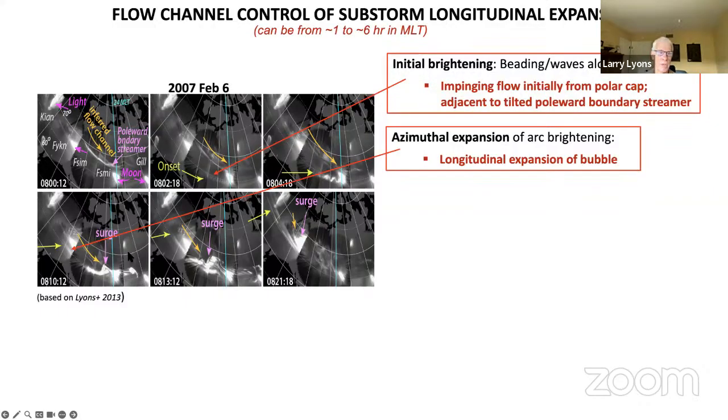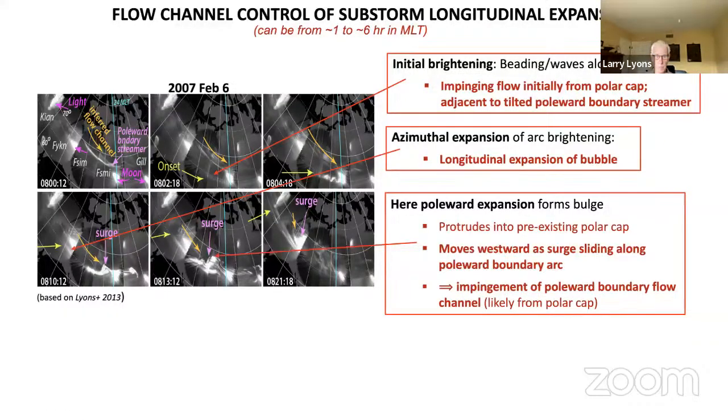But if you look carefully, here is that poleward boundary arc, and the flow from the polar cap would be heading right into the head of that surge. And as the surge moves westward, that flow along the auroral poleward boundary continues to head directly into that surge.